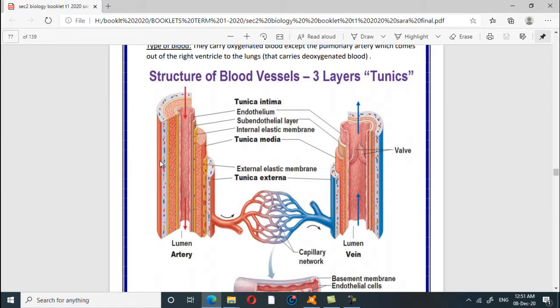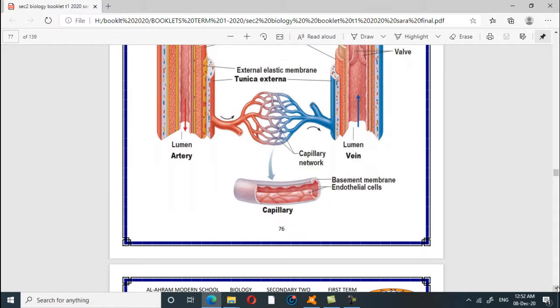The outside layer is similar in both arteries and veins. Here we can see inside the vein there is a valve. Why? To prevent the blood from flowing back. In the arteries there is no valve, except at the beginning of the arteries inside the heart, where we have two semilunar valves, aortic and pulmonary.